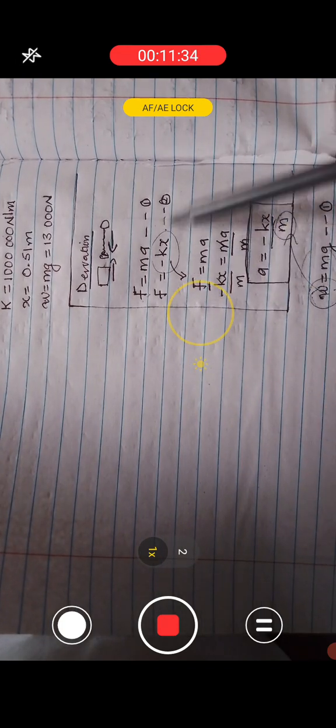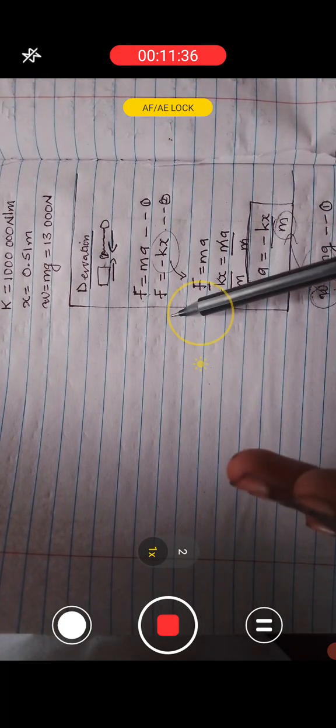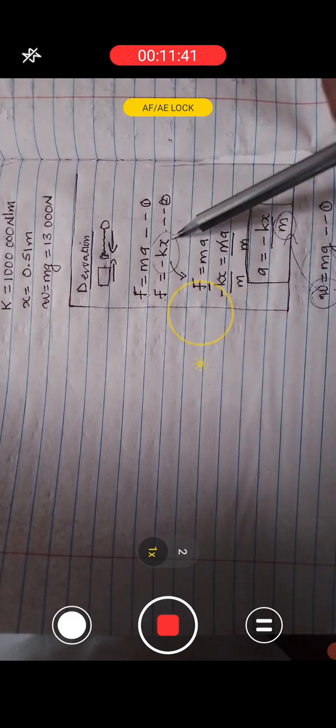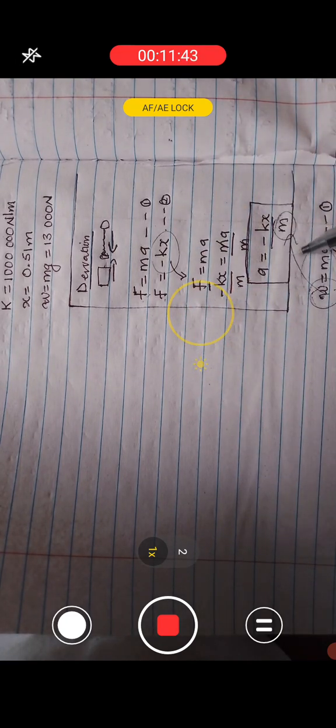Force is equal to mass times acceleration. Then you have Hooke's law. You combine Hooke's law and Newton's law to form the equation for acceleration. And you also combine the formula for acceleration with weight so that you find the acceleration. Since we don't have the mass, we only have weight, so our equation should have weight.